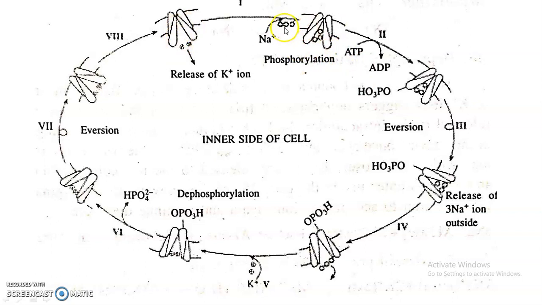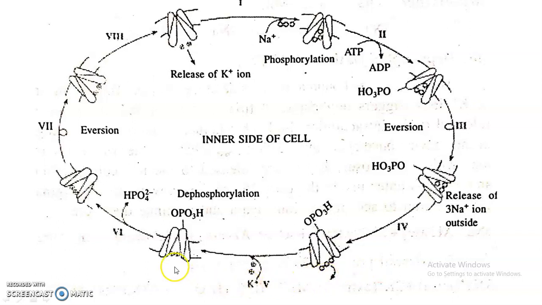Here again 3 sodium ions enter into this ATPase through the gate, which is open from inside. Again the phosphorylation step is repeated. ATP is converted into ADP, energy released is used as a driving force for this cycle. Again you can see here 3 sodium ions are binding to this ATPase, and then they are released.